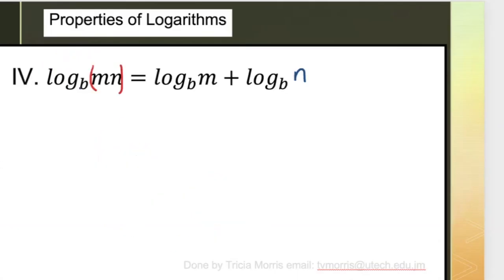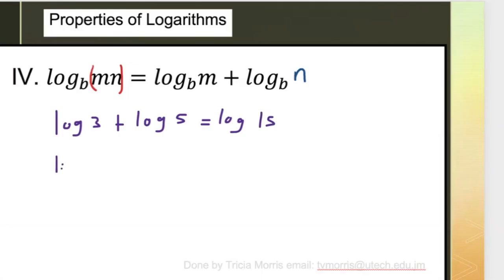The next rule is saying when you multiply, you add, or you can say when you add, you multiply. So if I have, for example, log 3 plus log 5, then my answer would be log of 3 times 5, which would be log 15.